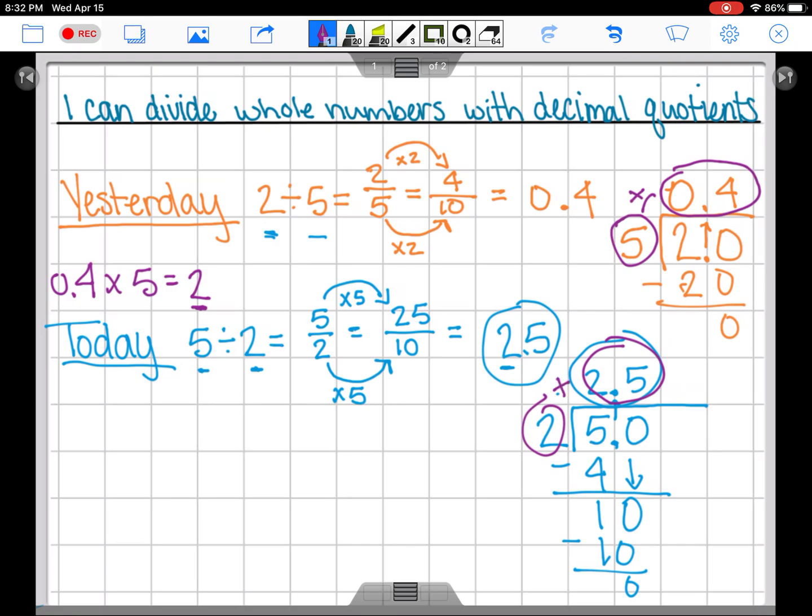Now, for this one here, I would be multiplying 2.5 by 2, and I would be saying 2.5 multiplied by 2 equals 5. In this case, because our decimal number is greater than 1, our product here is going to be the biggest number.